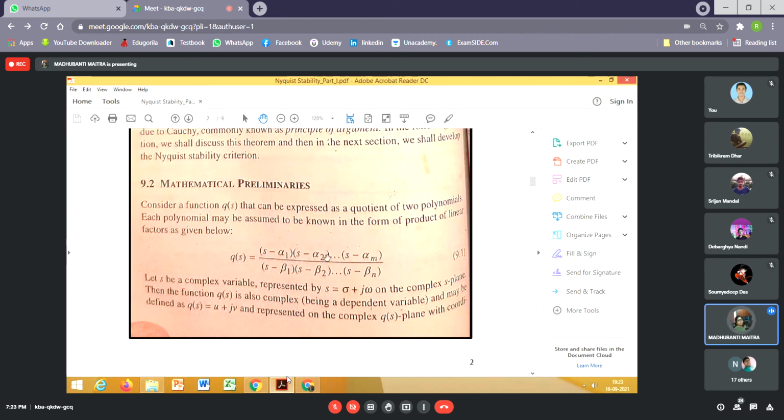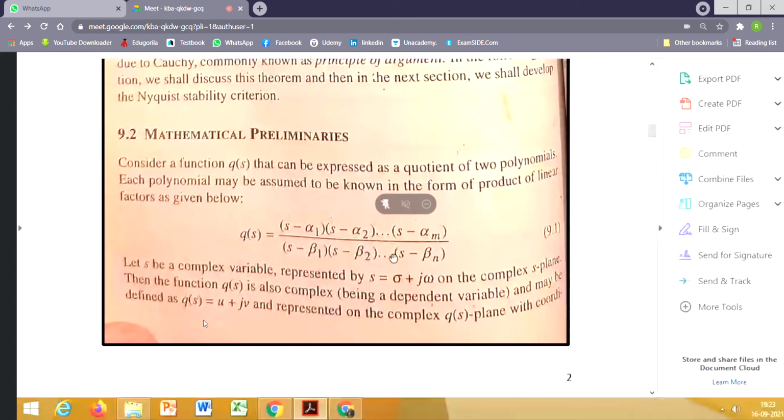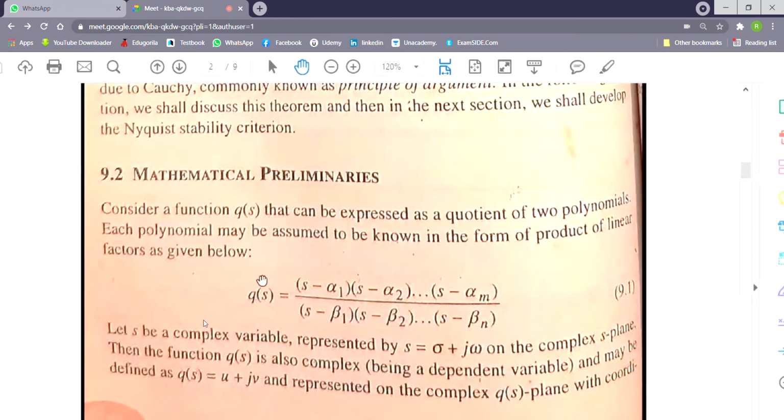So these alpha i's are the zeros of this function Q(S), and beta j's are the poles of this function Q(S).